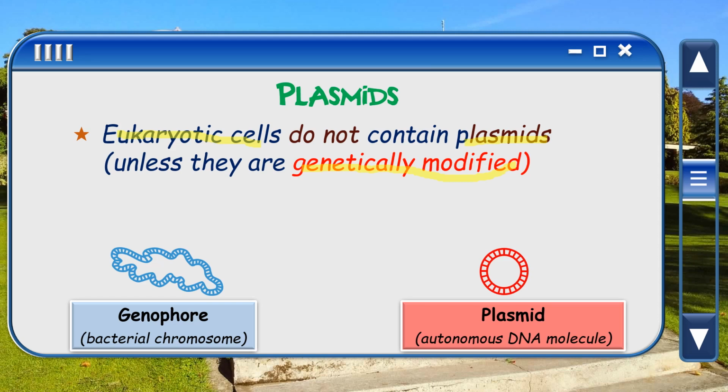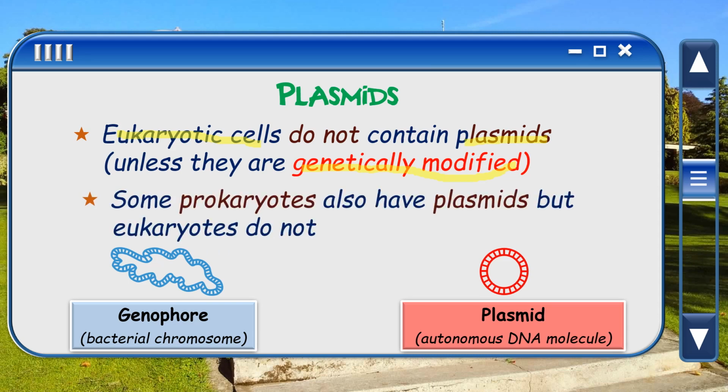As we have talked about, prokaryotic cells don't have a nucleus, their chromosomes are not bound in a nucleus, and they don't have membrane-bound organelles.